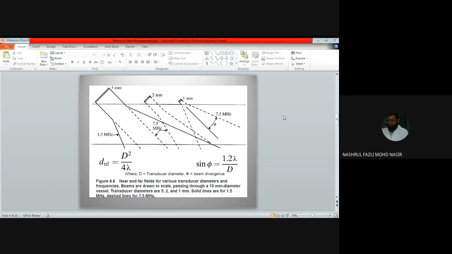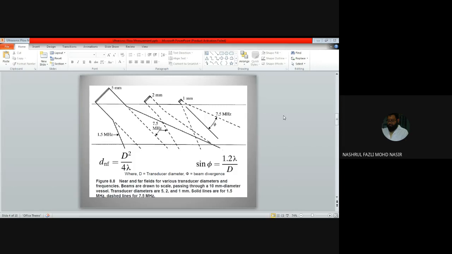Near and far field for various transducer diameters and frequencies, with beams drawn to scale, passing through a 10 millimeter diameter vessel. Like I told you just now, transducer diameters are 5, 2, and 1 millimeter.